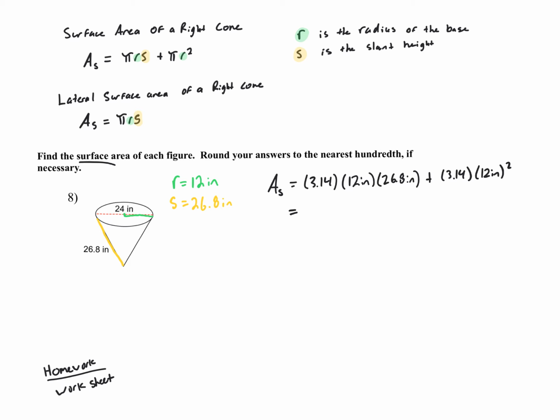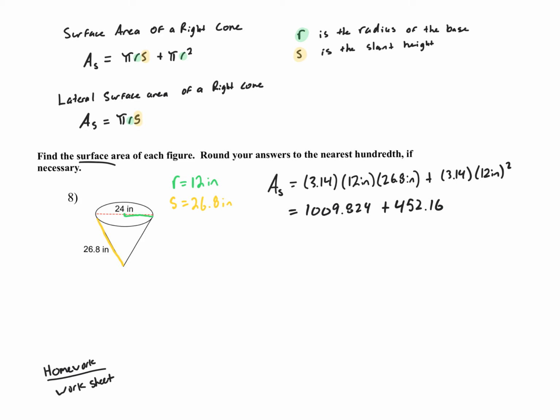So I'm just going to multiply these first ones together. 3.14 times 12 times 26.8, and I get 1009.824. The other one, 3.14 times 12 squared. It's going to say plus 452.16. Now, if they had asked for lateral instead of total, I would have just stopped with this number right here. I would not add this to it.